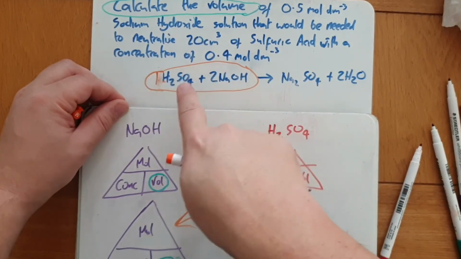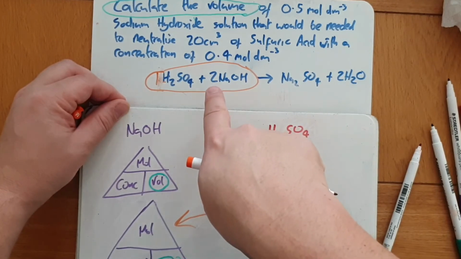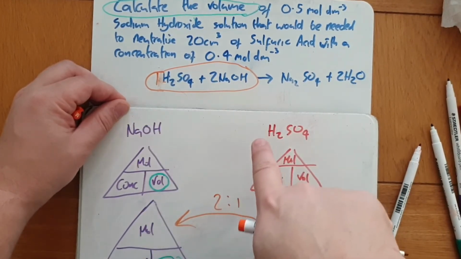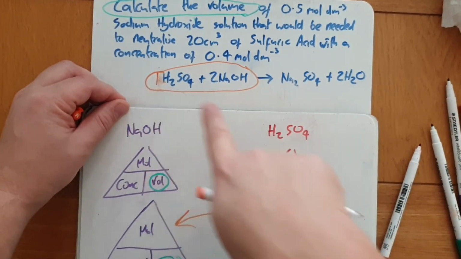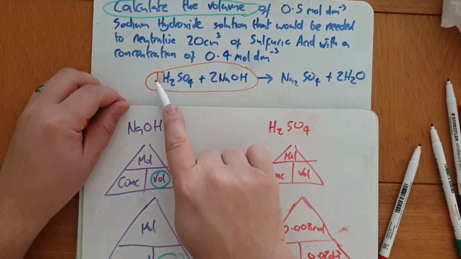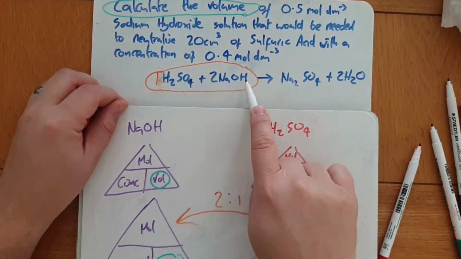Don't get confused because it's 1 and 2 in here; it's because the 2 goes with the NaOH, 2 NaOH and 1 H2SO4. So what it's saying is, for every 1 mole of H2SO4, we need 2 moles of NaOH.